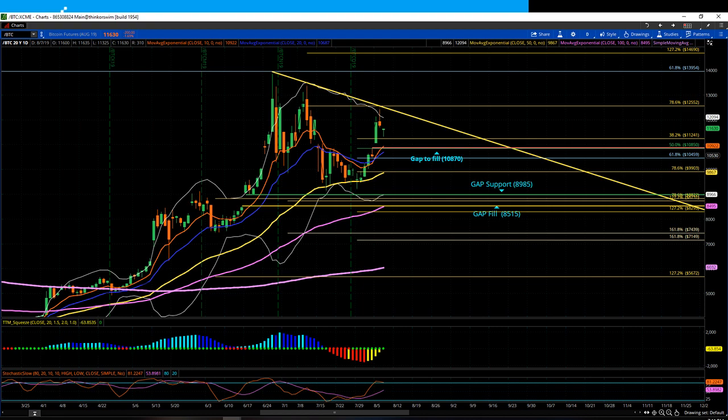Like 10, 20, 50, maybe even the 100. And then a lot of times I'll do a simple moving average on the 200, or I may do both on the 200. Because I've gone back and back tested, and I promise you, there's not a perfect EMA or SMA. There's just not.